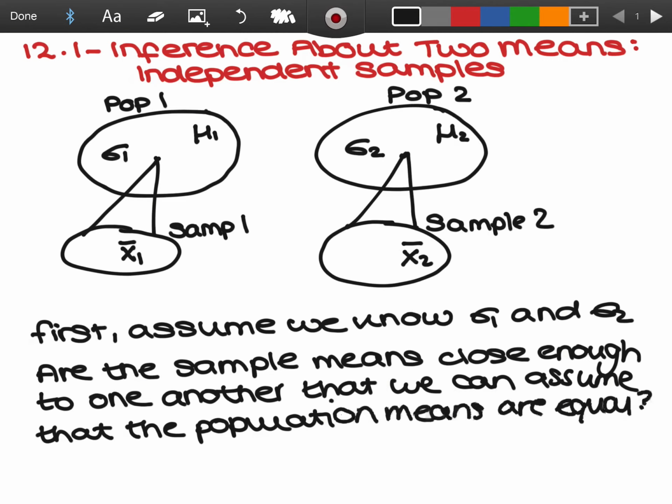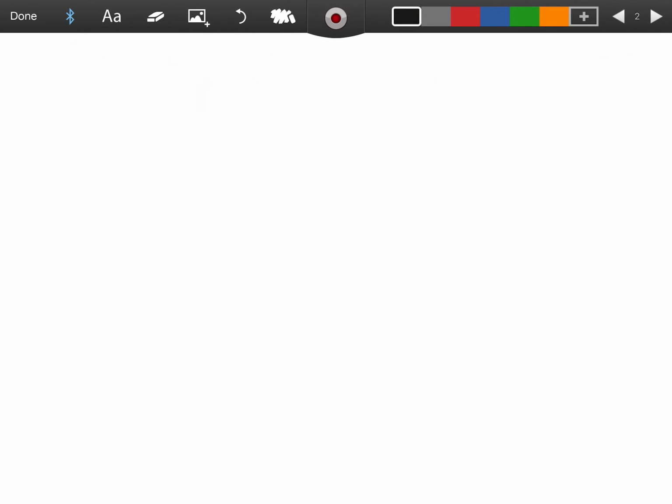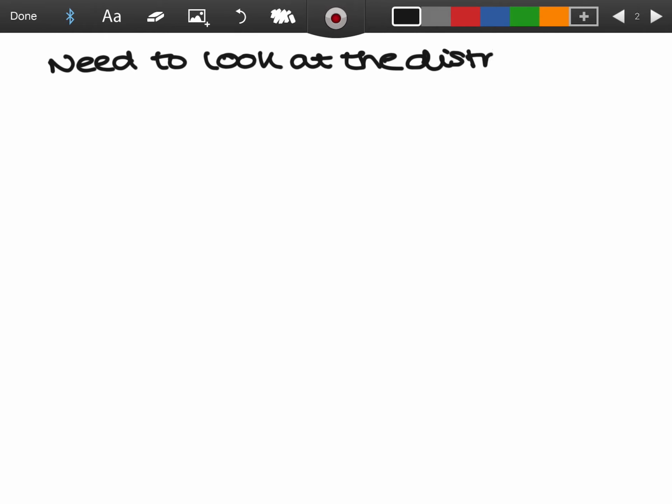Are they close enough together or too far apart? So now, because of this, we need to look at the distribution of x1 bar minus x2 bar. So I'm looking at the distribution of the difference between the sample means.